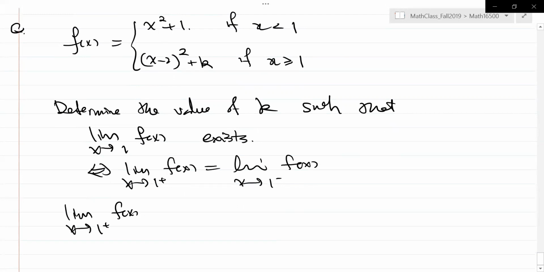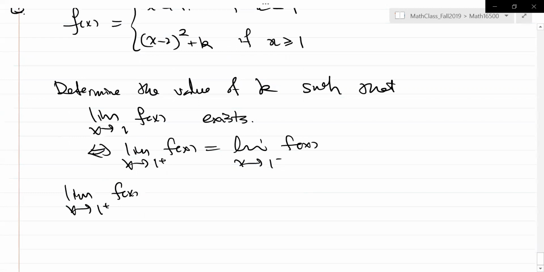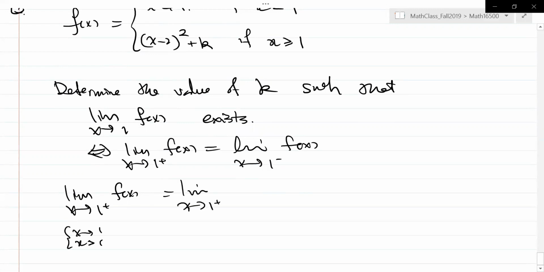All right, so let's find the right hand limit. Now, as x approaches from the right hand side, you have to use one of the pieces of that function, because x is greater than 1, right? Then the function equals x minus 2 squared plus k.